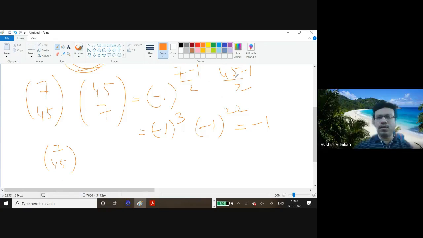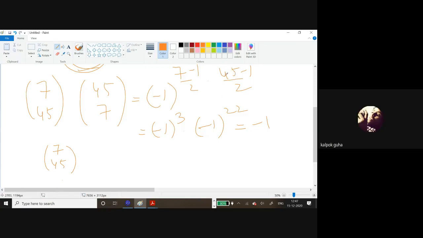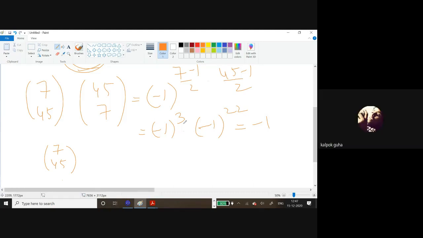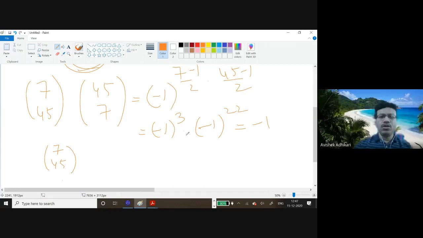This is 44, right? This is 44 by 2, which is 22, and this is 3. So the power of minus 1 is positive. We can't break it like this, right? If we look at the previous step, it is coming plus 1. Okay, sorry. Yes, I made a mistake. Yes, you're right.